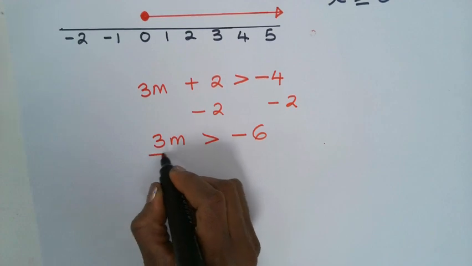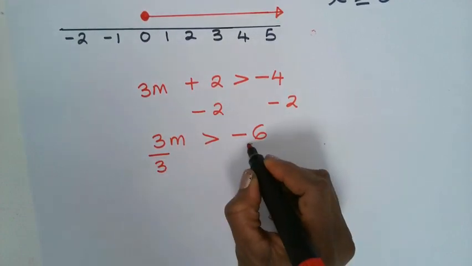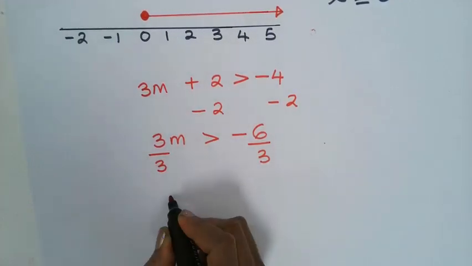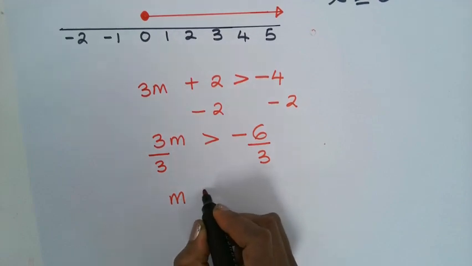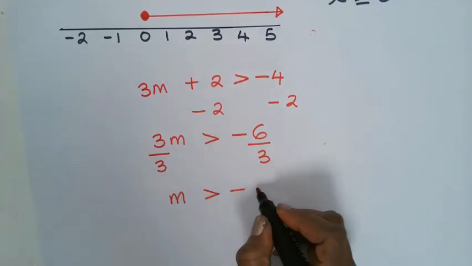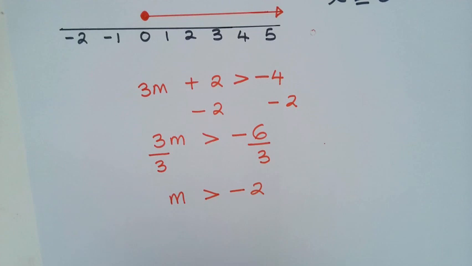The next thing we do is divide both sides by 3. Now we've got m isolated, so m is greater than minus 2. So the final answer is m is greater than minus 2, which means m can be any value that is bigger than minus 2. All right, we're going to look at other examples as well.